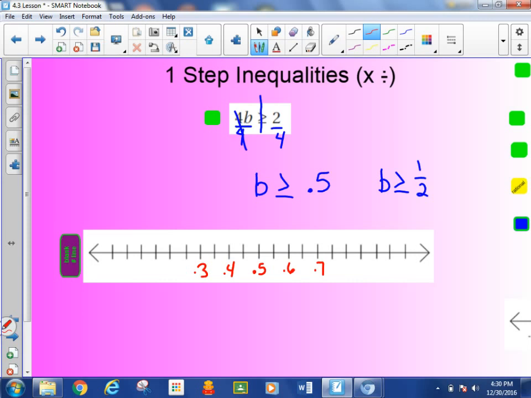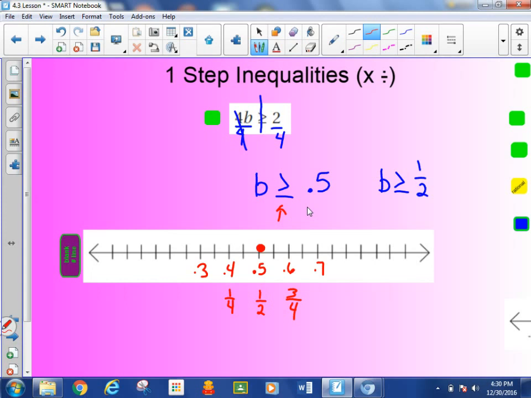Okay, throw a few numbers in there. So looking at my symbol, it's got the line underneath, so I'm going to color it in on 0.5. Or if I choose, I could use 1/2. Okay, and then I could go through and make some other fractions up, like maybe 3/4. Maybe down here it would be 1/4. Whatever you're comfortable with using, okay?